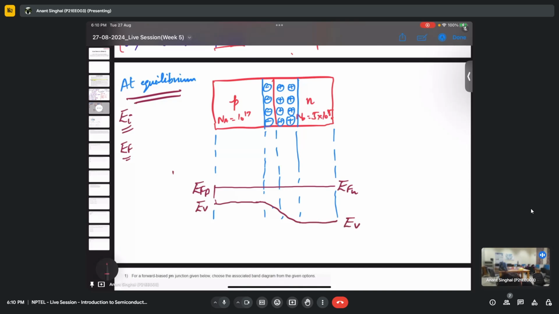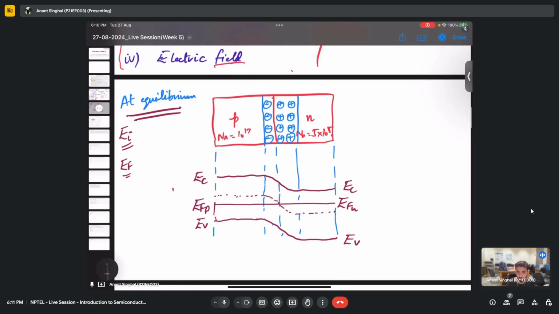And for the N side, the Fermi level is near the conduction band. I hope now everybody knows all these things. And this dotted line corresponds to Ei, which is in the middle of both EC and EV. Is there any particular doubt in this band diagram? Because this is quite easy. I hope now you all can make band diagrams easily. Is it fine?